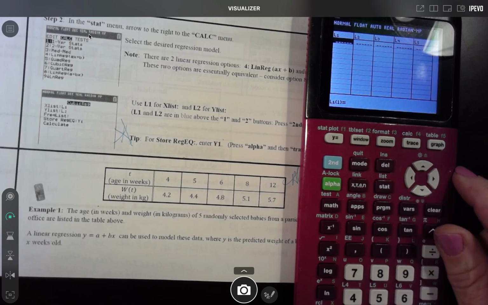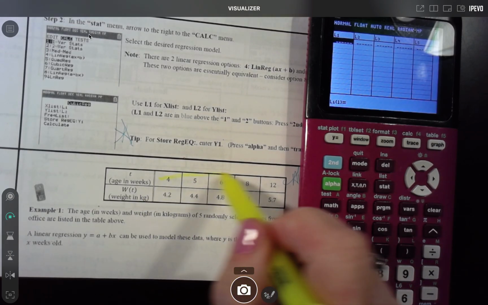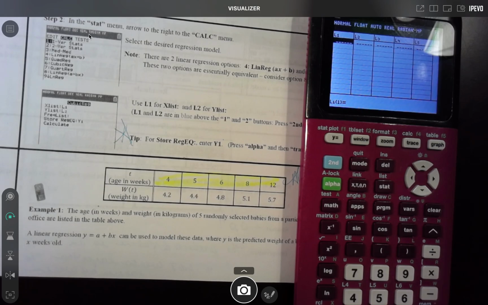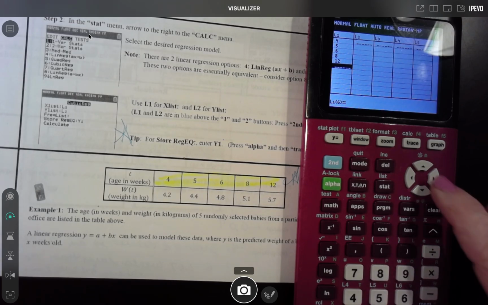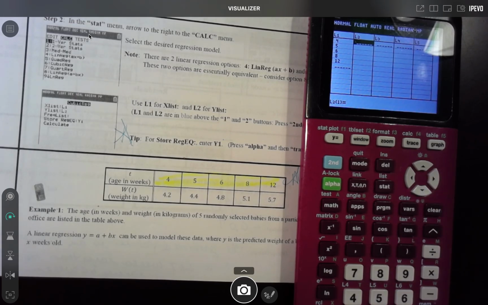Now L1 is this top line right here, and I'm going to put that data in. So it's just 4, enter, 5, enter, 6, enter, 8, enter, 12, enter. So 4, 5, 6, 8, 12. And now you move over to list 2, and you're going to put in the weight, in this example in kilograms.